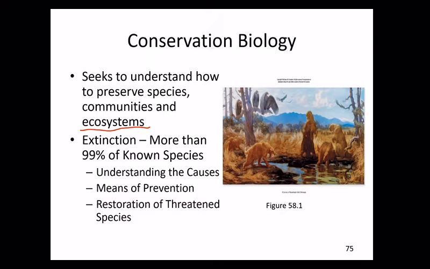Again, not always going to be human impact, although human impact does have a lot to do with it, as we mentioned with the DDT example, the acid rain example, but also the means by which we can prevent it. How can we work with the ecosystems to not only preserve species that are present there, but to begin to restore threatened species? And this all starts with understanding what is present and what is going on in the system.